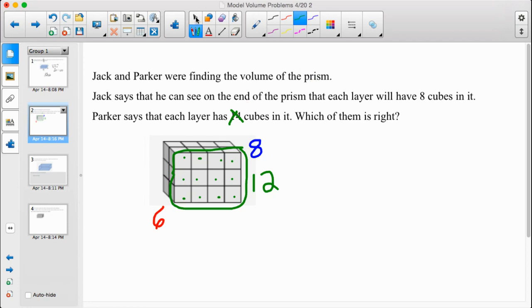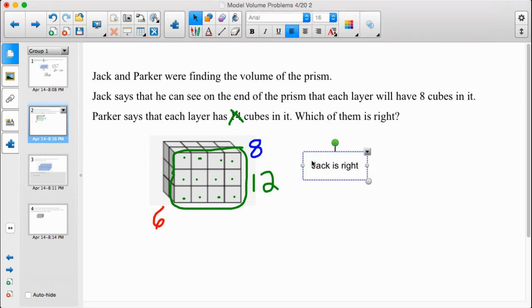So what they actually want you to do here is they want you to answer in a complete sentence. So I'm going to type something. It asked which of them is right. And I'm going to say Jack is right. And I'm going to give a little bit more because I just want to support my answer.